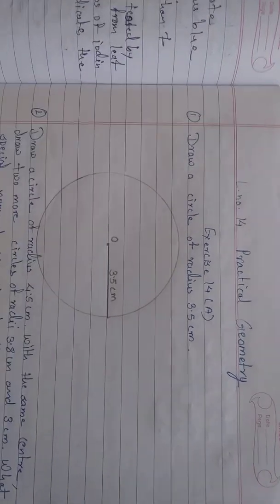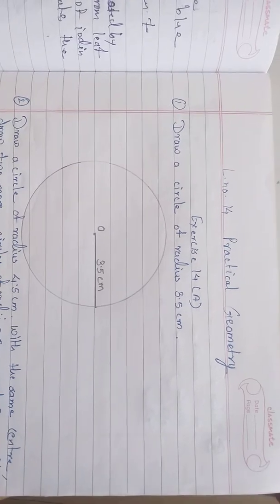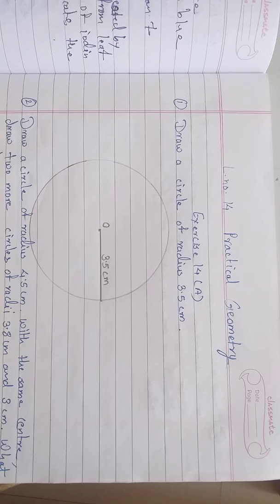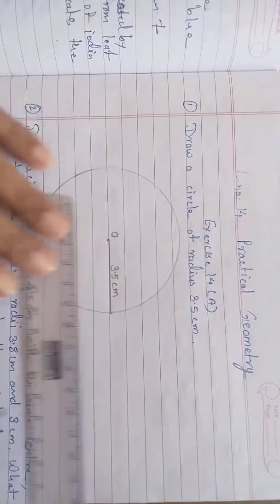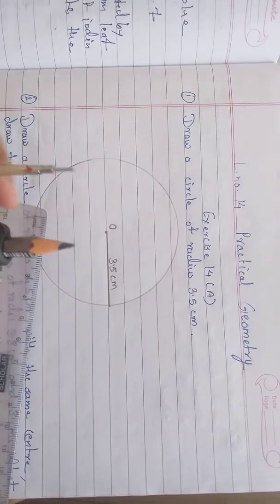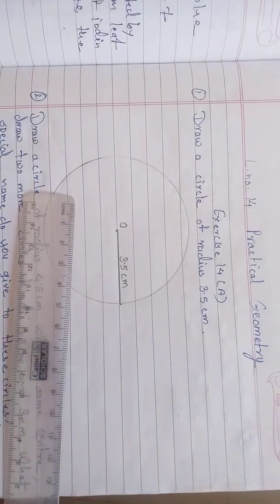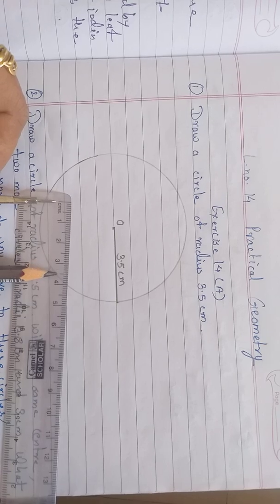So children, in the 14th A exercise, the first question is: draw a circle of radius 3.5 centimeter. Here I have already drawn it, but I want to show you how we have to draw that. This is a compass, and in this compass we have to take a distance of 3.5 centimeter like this way.